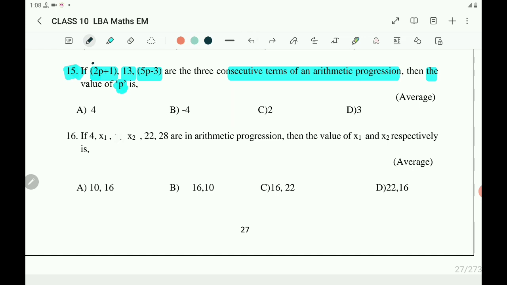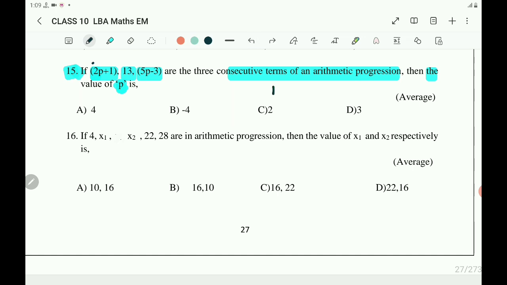As these 3 terms are in AP, let us consider here A is the first term and B is the third term and 13 is the arithmetic mean of the first and the third term. So, the average of these two becomes 13. By using that concept, you can get the value of p.